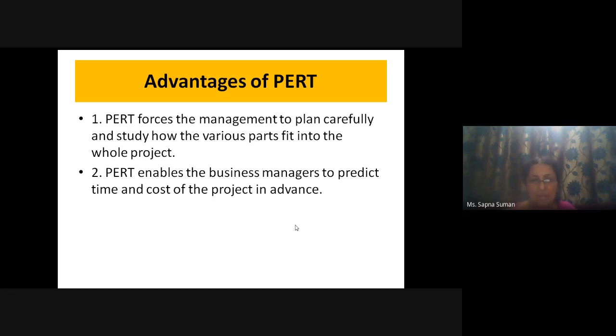Now, time factor is more important here. The cost factor is not important. When we are considering the PERT technique, cost is secondary to time. Time estimation is more important. And we come to know how much time the project will take for its completion. That can be predicted beforehand. So this is the second advantage.